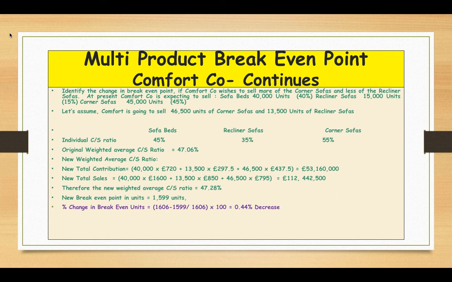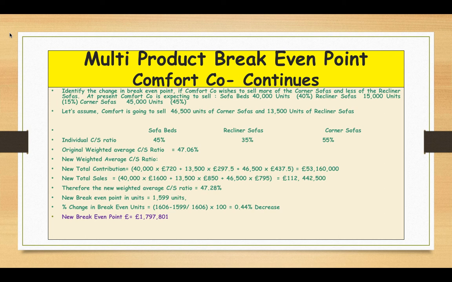So the percentage change in break-even units: our original break-even point was 1,606 units, and now it has gone down to 1,599 units. So the percentage decrease in break-even point in units is 0.44%.